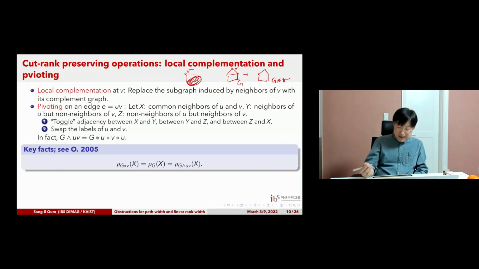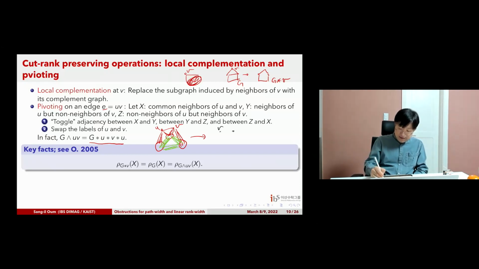And pivoting can be actually defined by a sequence of 3 local complementations. So for an edge E, let's say E is UV, the pivoting by UV is defined as G star U star V star U. But in fact, there's a graphical description. So here's a U, here's a V, and then you look at the common neighbors of U and V, neighbors of U, neighbors of V. And what you do is to flip edges between these 3 sets.